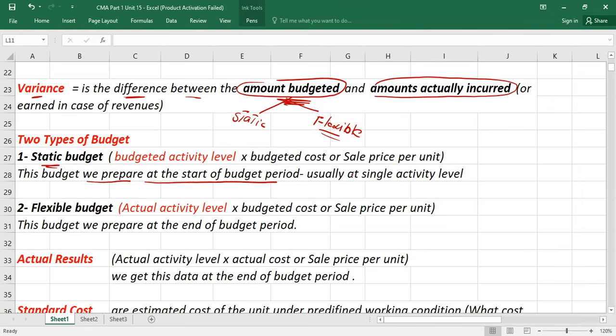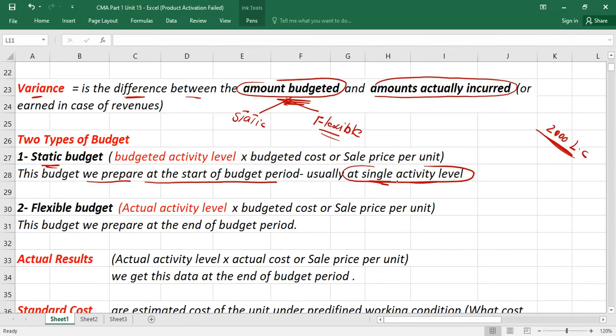We prepare it usually at a single activity level. Single activity level means, let's assume you are a car manufacturing business, and you are planning to produce only 2,000 Land Cruisers in the coming year. This 2,000 activity level is called a single activity level.